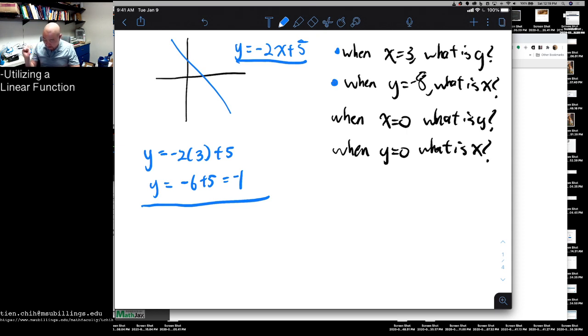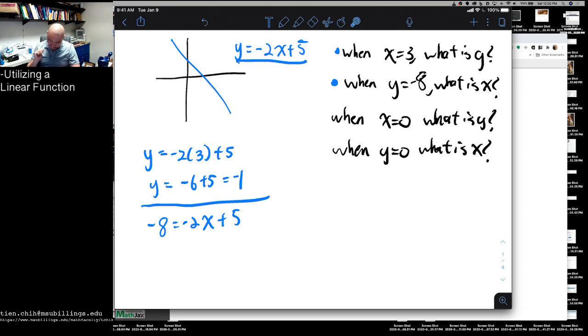Alright, for the next problem, when y is negative 8, what is x? Now, we look over here, we don't know what x is, so that's left alone, but we do know that y is negative 8, right?